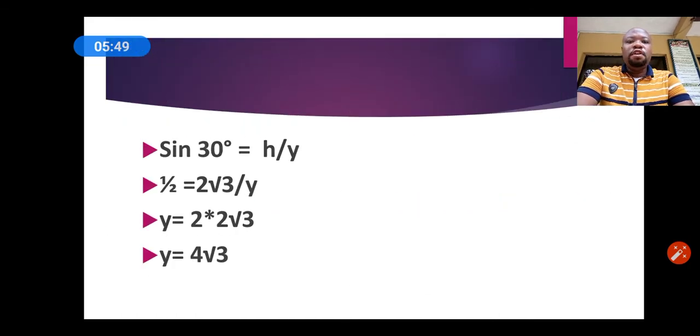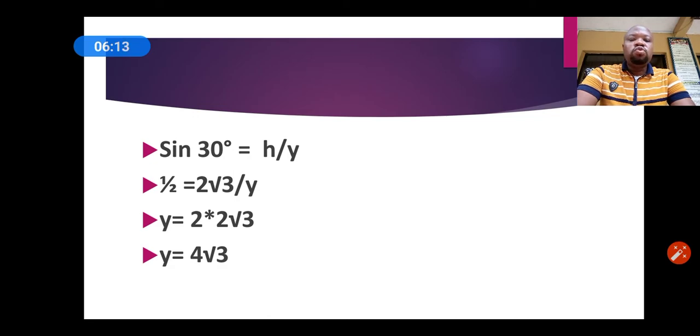Having gotten the value of h, we are now going to find the lettered side Y. And we are going to now consider the triangle based on the angle 30 degrees. The sine of that angle 30 degrees is equal to the opposite all over the hypotenuse. You would recall that we have already gotten the value of h.